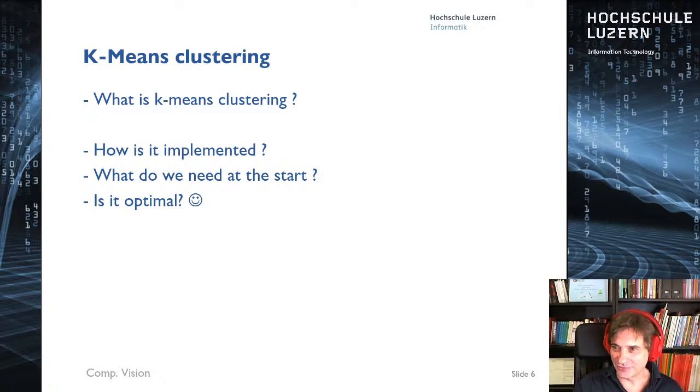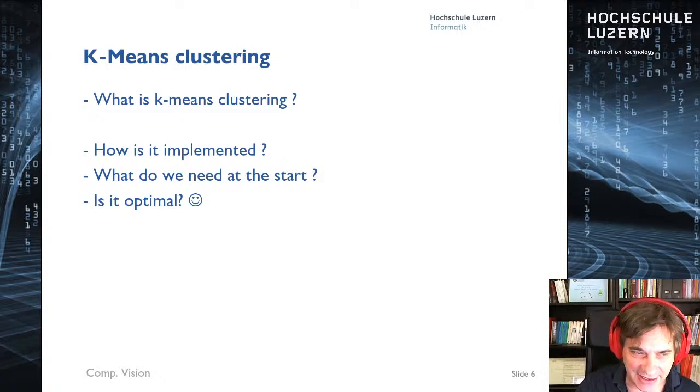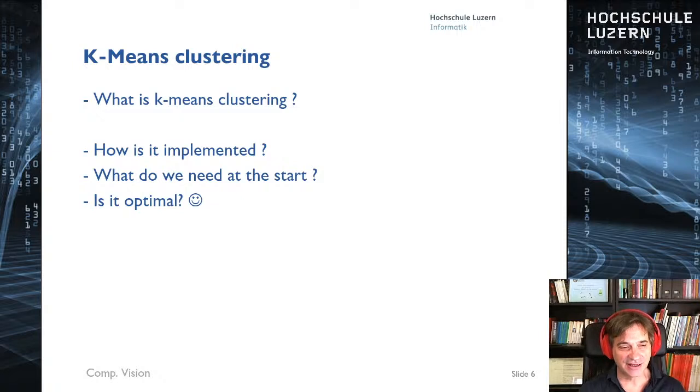Okay, so one note is that first you need a k. This is correct. For k-means clustering, you need to know how many classes you need. It's also a bit of a drawback of the clustering. The other question was what do you want to cluster? If you want to cluster image regions, you want to cluster something that is common to the region, so you will need some feature that tells you what a common region is.